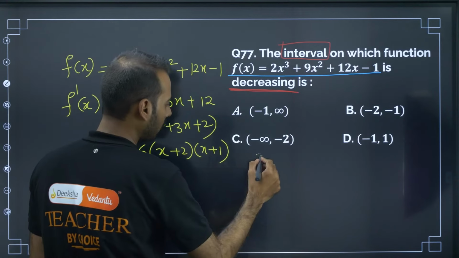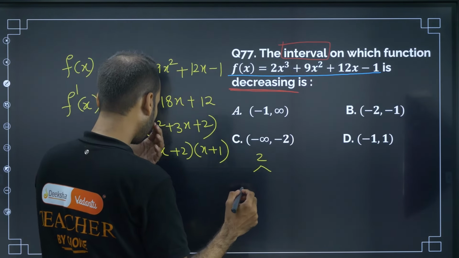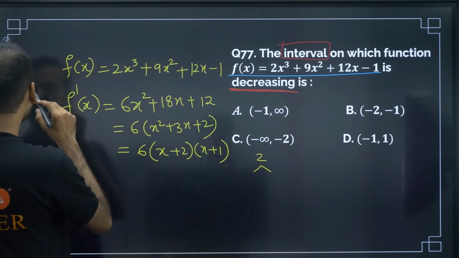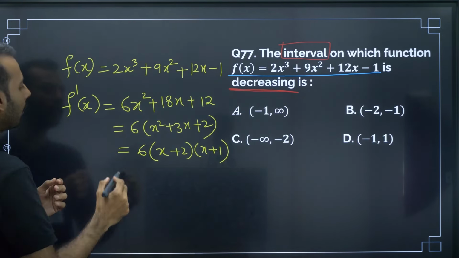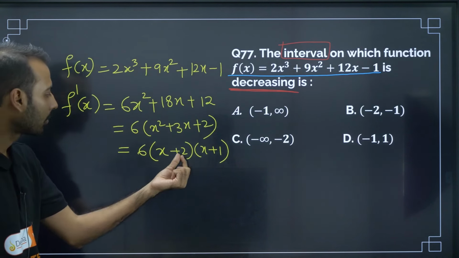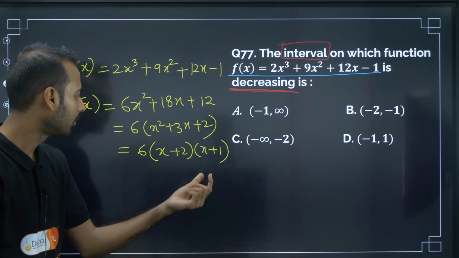For this 2, I am splitting this quadratic equation and writing it like this: x square plus x plus 2x plus 2.